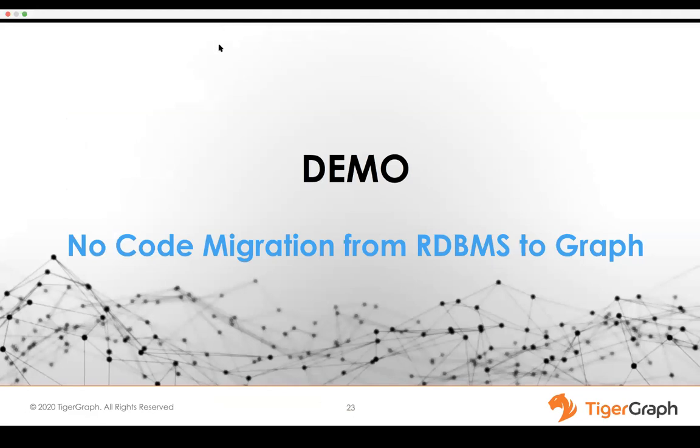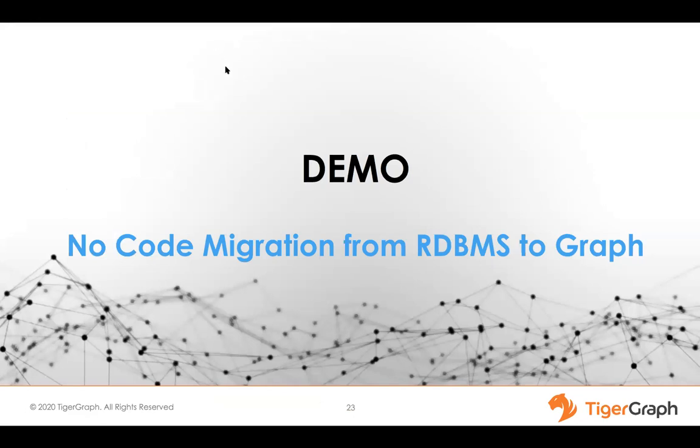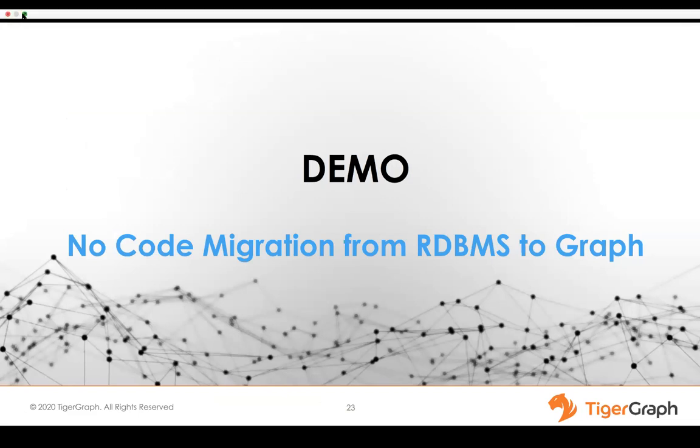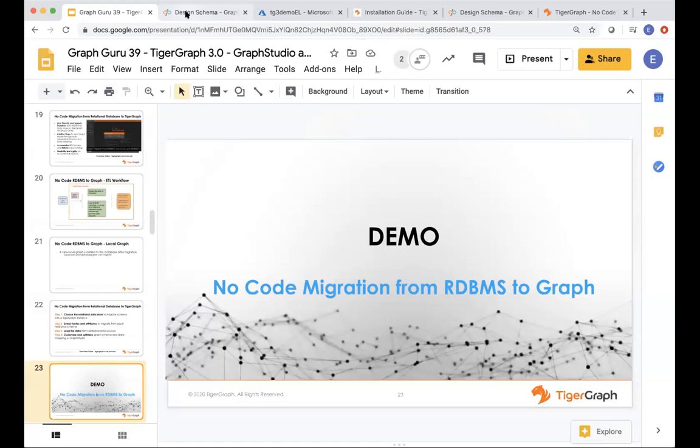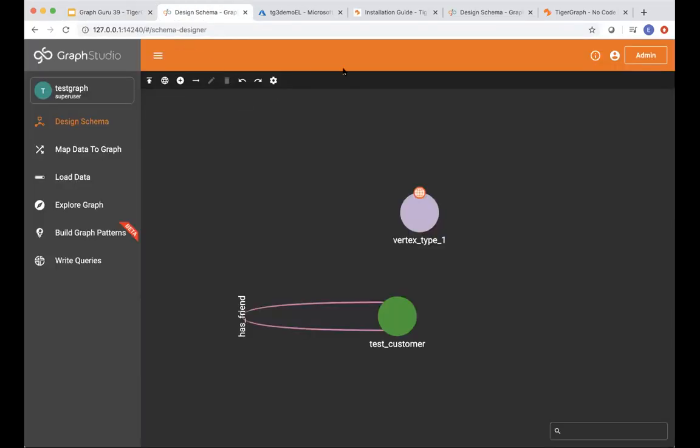Okay, let me get to the demo for this particular feature. First, let me stop sharing the slides. I actually installed an instance in my local Docker machine. I also need to enable that it's already connected with our data center, because our developer pre-installed a relational data store in our data center.